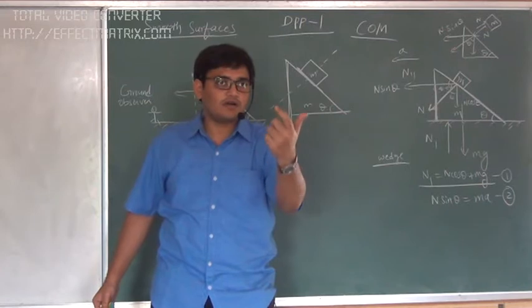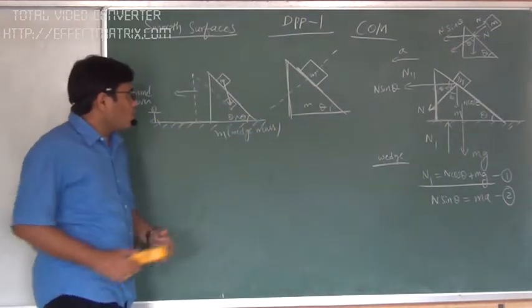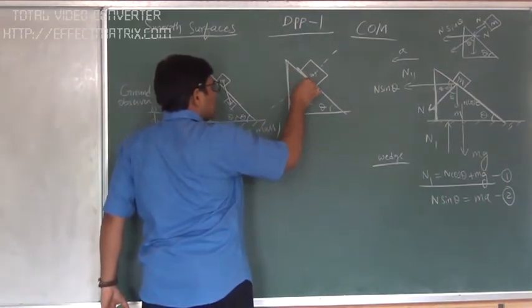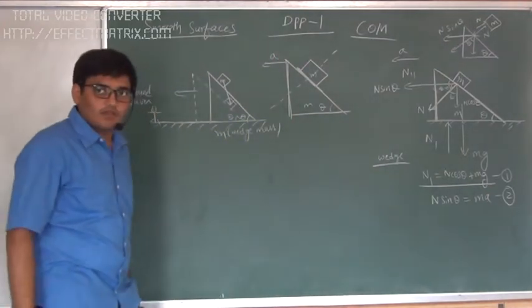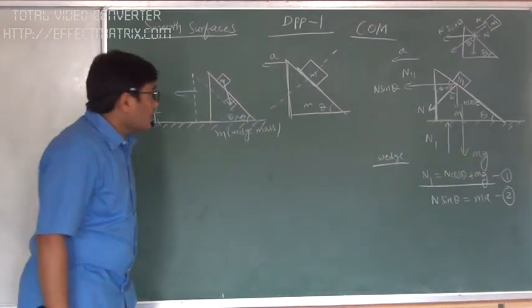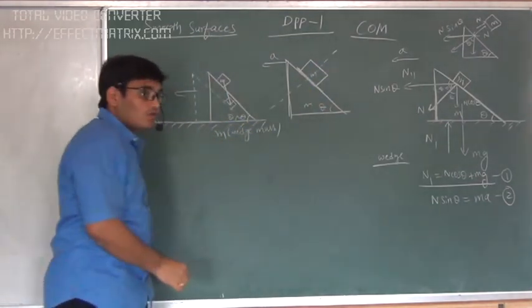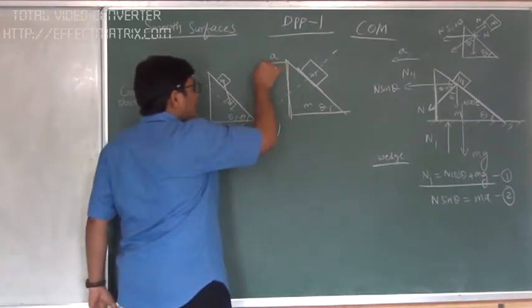From which observer? Ground observer. That is your inertial observer. Now, what happens? You see, the wedge has acceleration A in this direction.